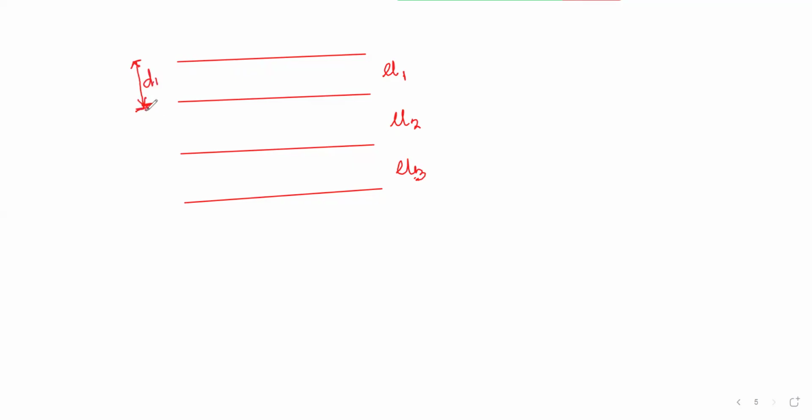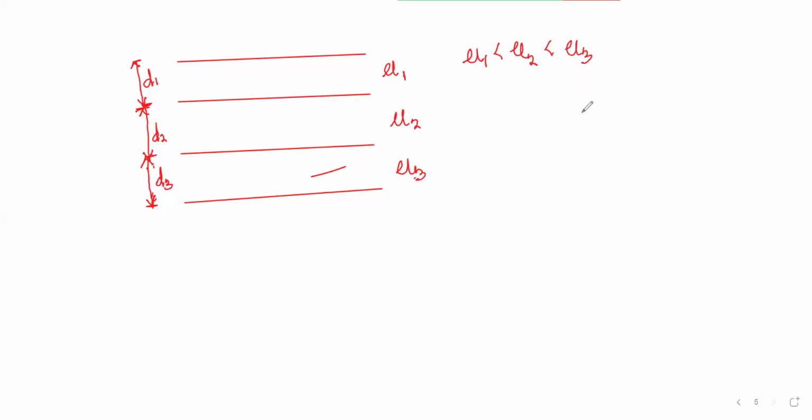The depth of the second liquid is D2. The depth of the third liquid is D3. Note that mu1 is less than mu2 and also less than mu3.